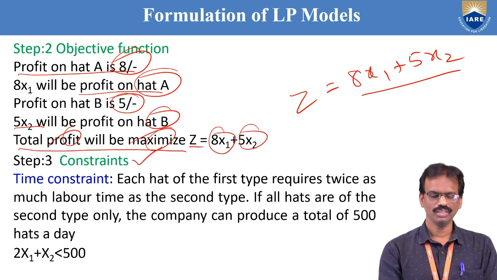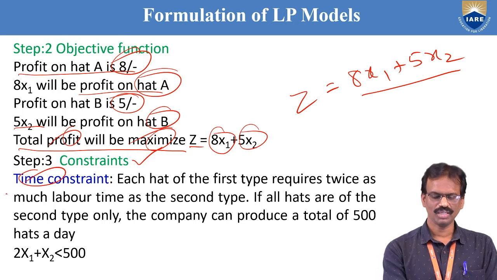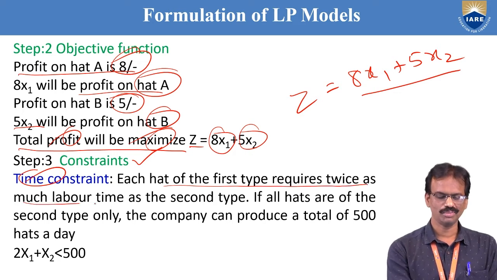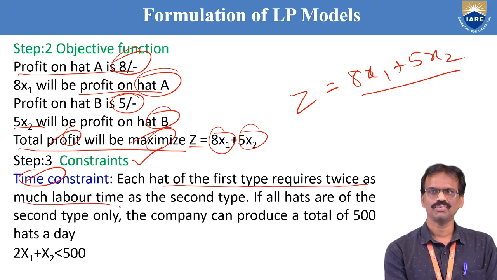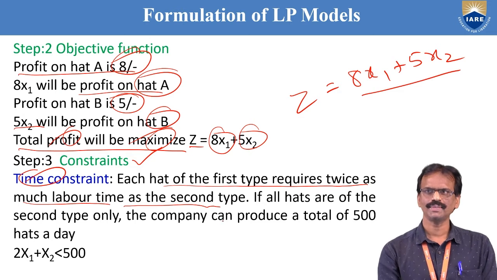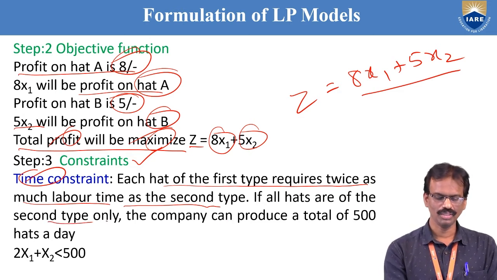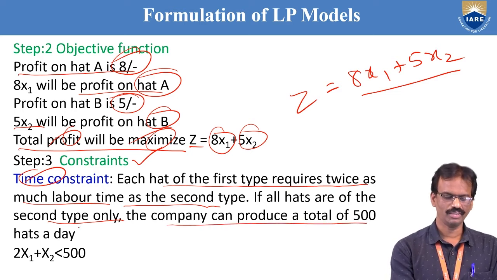Next, the constraints. It is the time constraint, machining time. One condition is given: each hat of the first type requires twice as much labor time as the second type. If all hats are of the second type only, the company can produce a total of 500 hats a day.